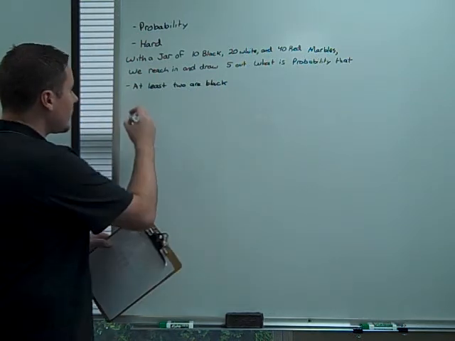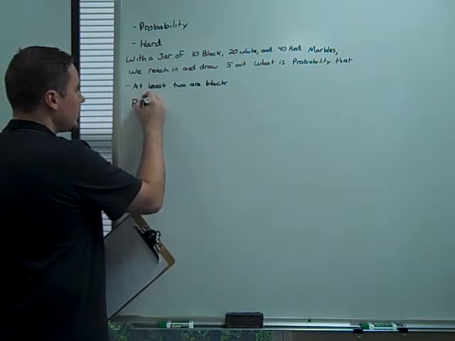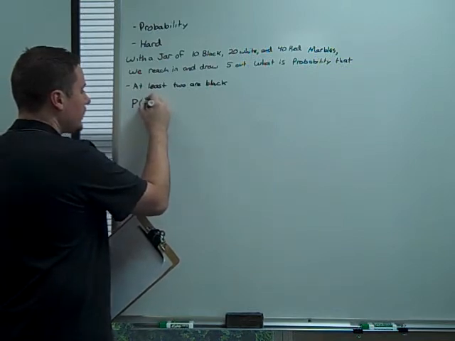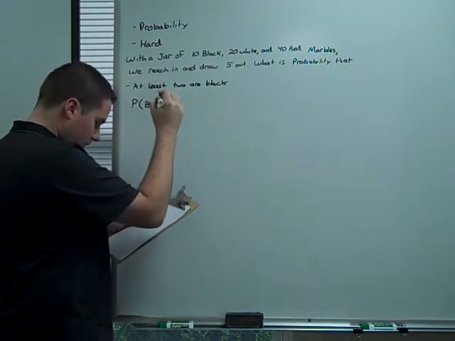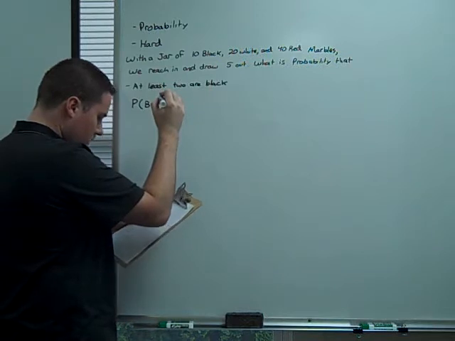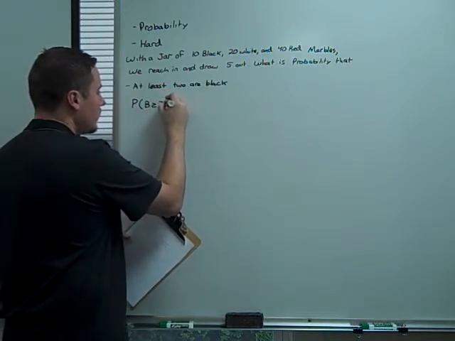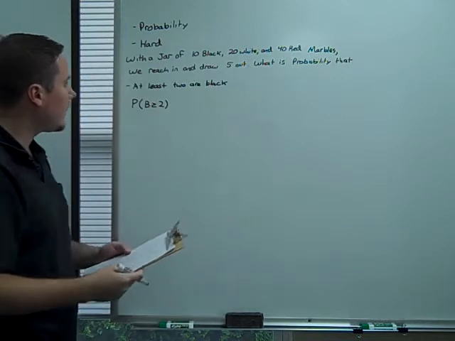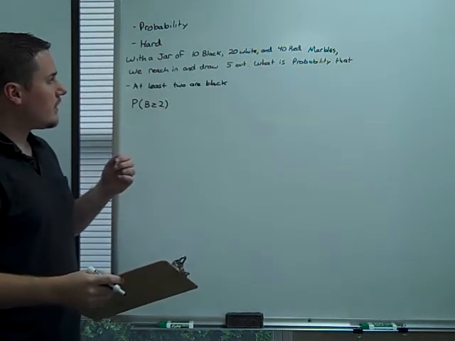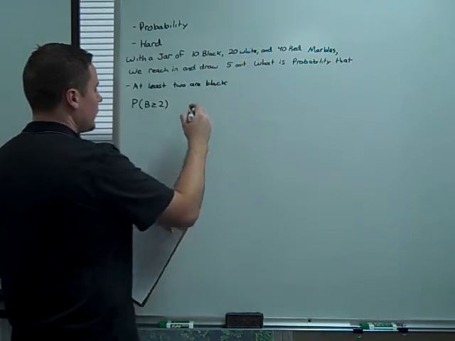The way we would write this is the probability of the number of B being greater than or equal to 2. Now, there are 6 probabilities here.